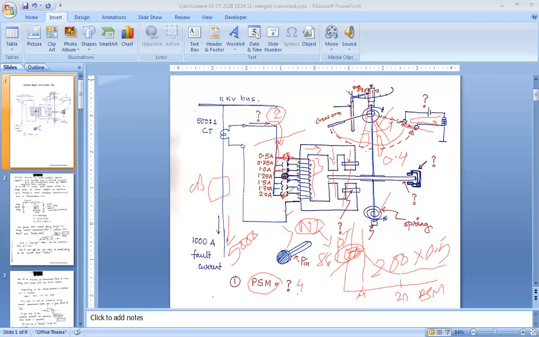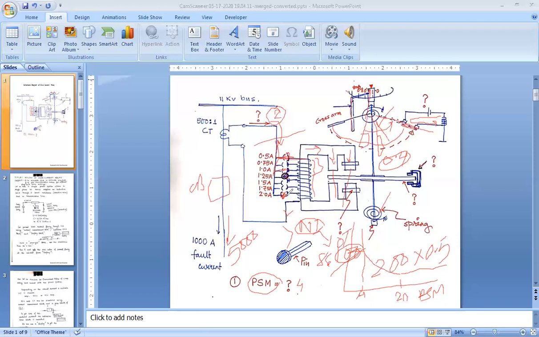Plug is set at 2 ampere, means this pin is being inserted in this position. So the fewer number of turns is being used here. And the time is set at 0.4. Then what is the time taken by the relay to operate?